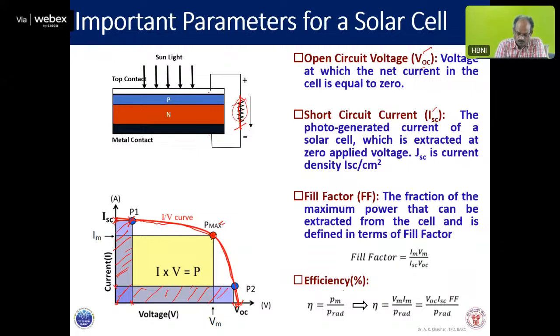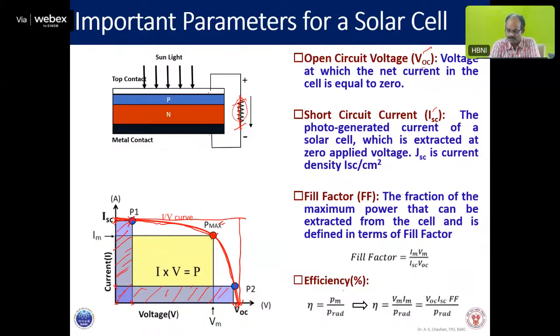At Pmax the power is maximum. If you divide this by the maximum possible area, this is called the fill factor.